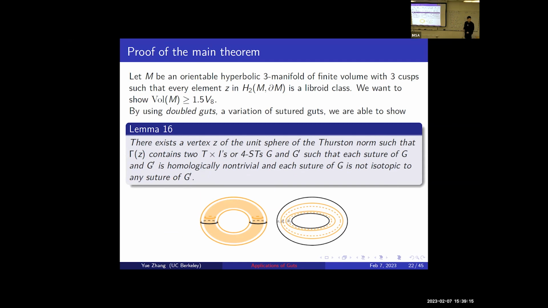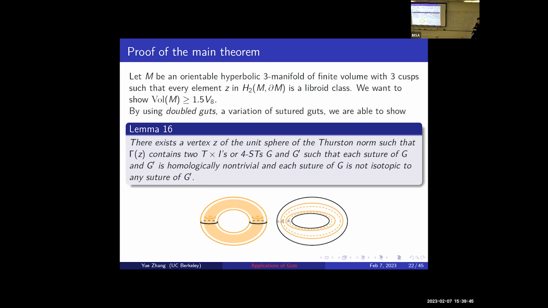Also, Ian showed in the first part of the talk that from the vertex to the edge, you can have a suture decomposition for the guts. Let's say this is the Thurston norm ball, right?